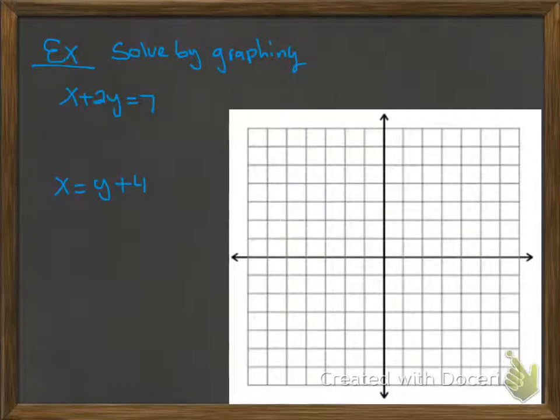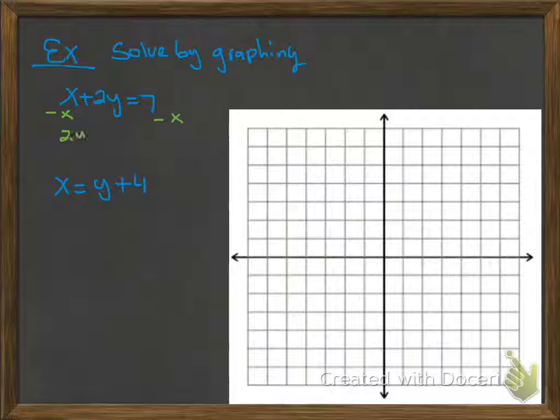Alright, let's try again. Solve by graphing. We have two different equations here. I'm going to set them both equal to y to make it a little easier, since these aren't as easy to find the y-intercepts for. I'm going to subtract x from both sides.